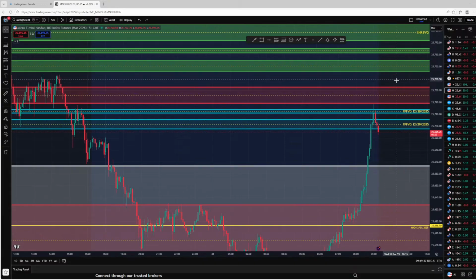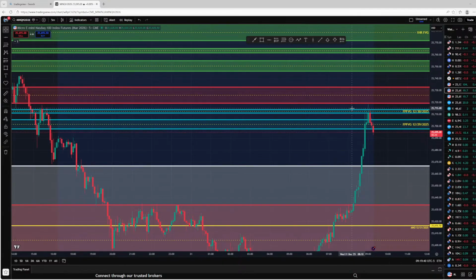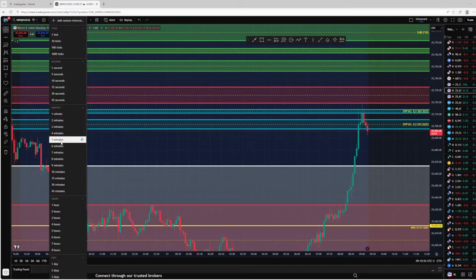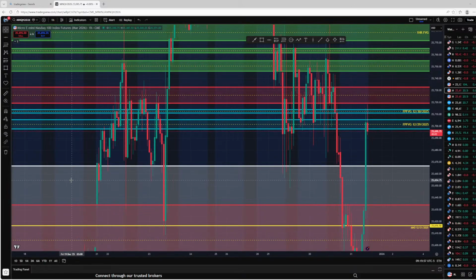Doesn't mean that we can't pop right back up as the market opens. We do have this red box right here. That's a 1 hour order block. So I also wouldn't be surprised to see us at least pop back up into there and then possibly sell off. Not sell off all morning, but maybe sell off for the first 30 minutes or so as we have our retracement.